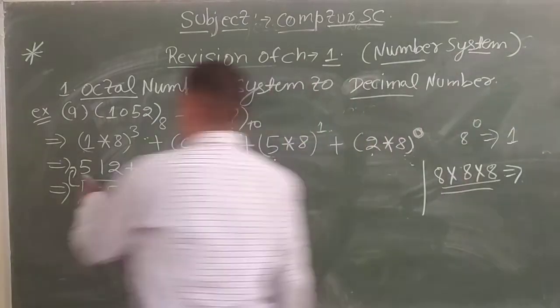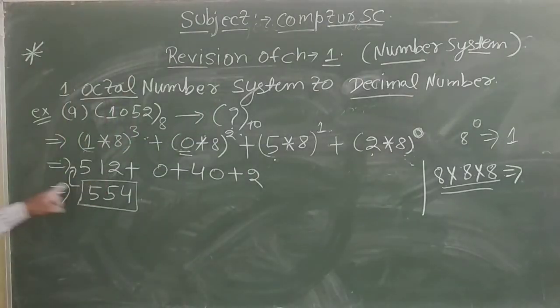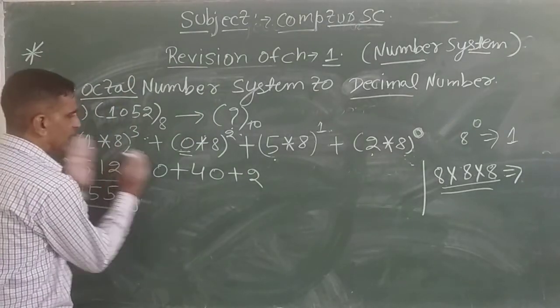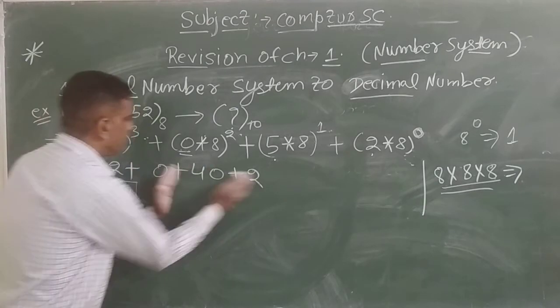We have to write 512 here. After this, we have to sum each and every number.